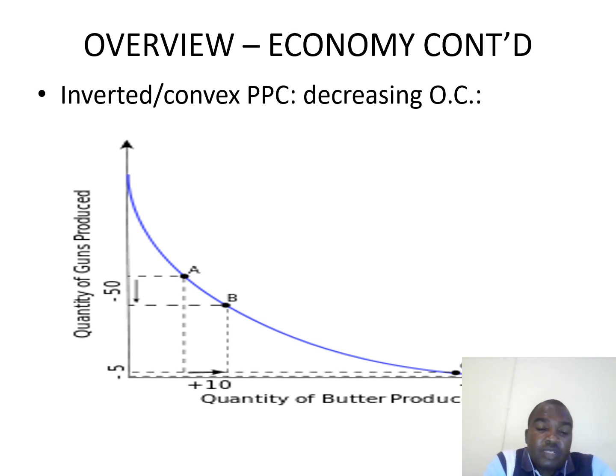And then towards the end, between point C and D, the opportunity cost is minus 5 divided by plus 10, which gives us minus half.